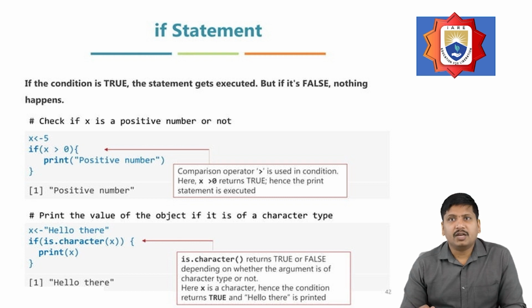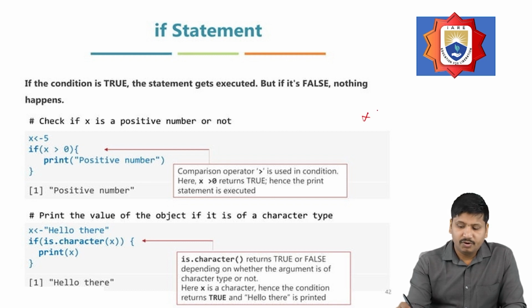For an if statement, if the condition is true, then the statement gets executed. But if false, then nothing is going to happen. Suppose I want to check the condition of x, whether it is positive or negative. If the value is greater than 0, then it is positive.